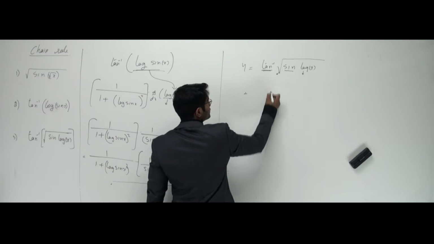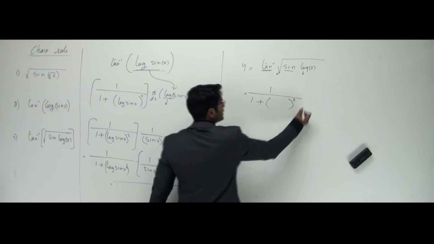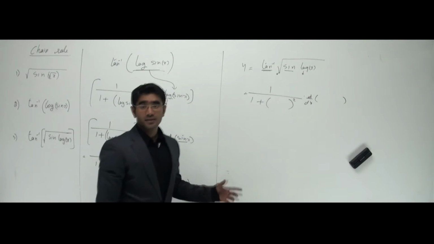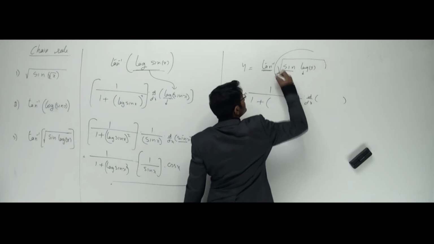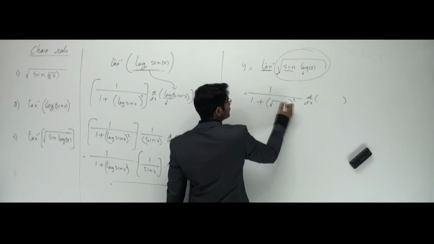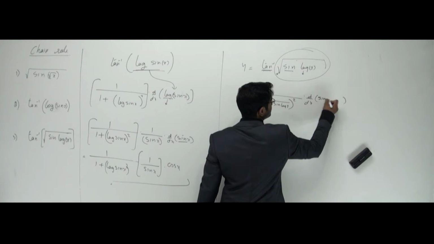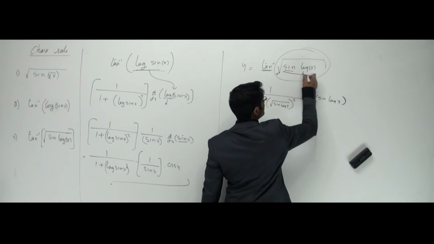So how do you differentiate tan inverse? That is 1 by 1 plus whatever is inside whole squared into differentiation of whatever is inside. Right? I'm talking about tan inverse of x. So if it is not x, if it is this, so this would come here. That is root of sine log x the whole squared, into differentiation of only whatever is inside.